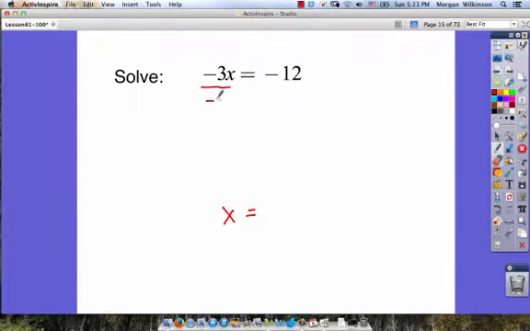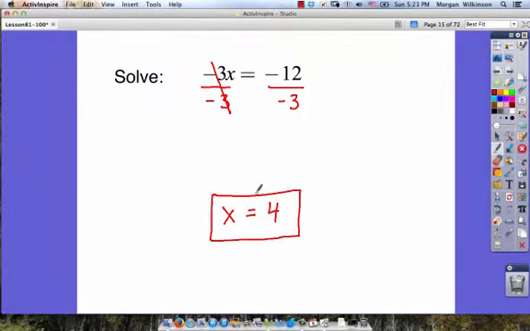So we're going to divide by negative 3, because negative 3 divided by negative 3 is 1. So we're just left with x. What we do on one side, we do on the other to balance. And negative 12 divided by negative 3. A negative divided by a negative must be a positive, and 12 divided by 3 is 4. So we've got our answer. x must be equal to 4.